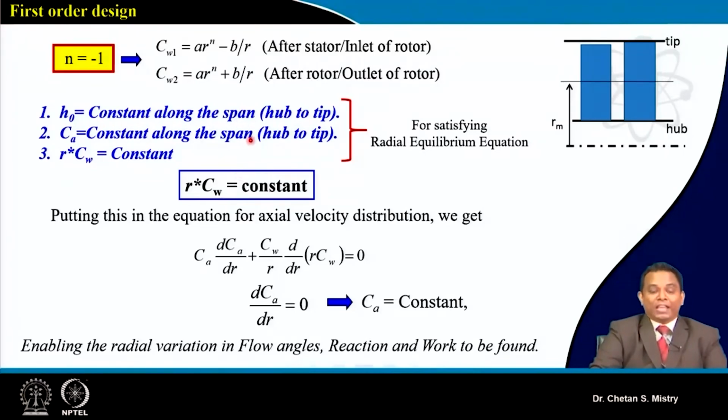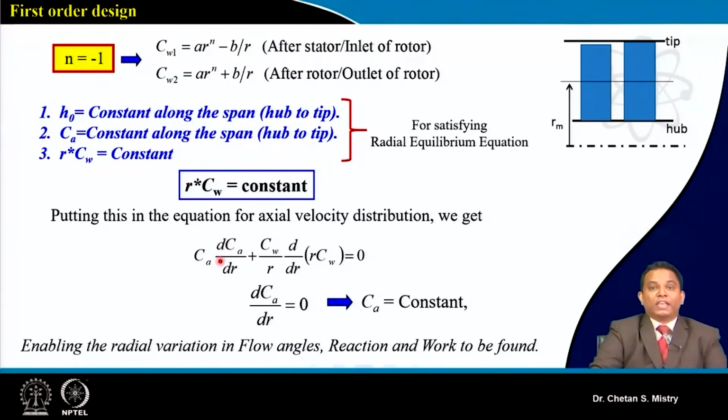So that is in line with what we are assuming as the free vortex concept. And if we make the assumption that my H0 is constant, then in my equation I can write down this formulation.